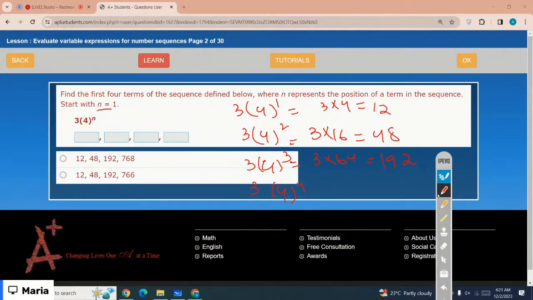That would be 16 times 16 is 256, and 256 times 3 is 768, right? So that means the correct option is option number 1, that is 12, 48, 192, and 768. Option 1 is the correct option, right?